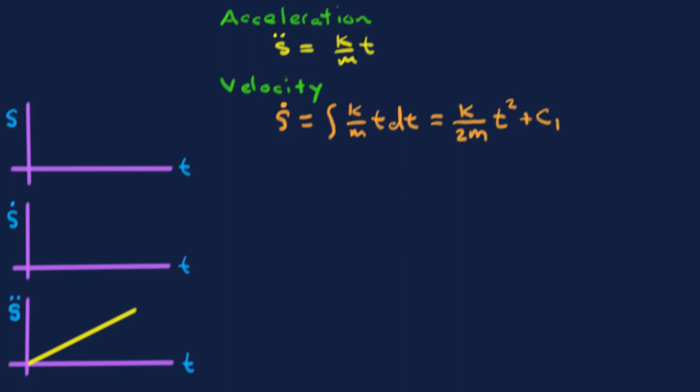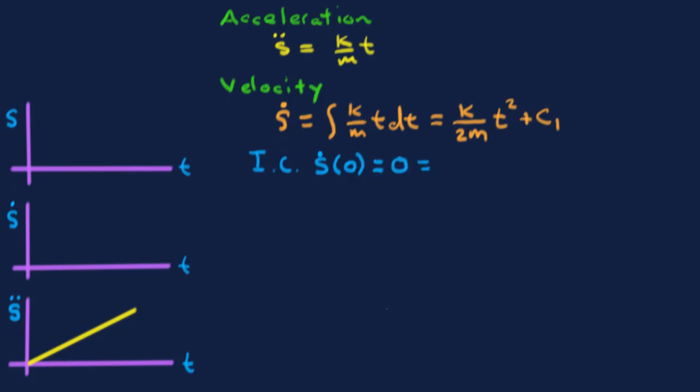I'll call it c1. Now to determine the c1, the constant of integration, we apply the initial condition. The relevant initial condition for this problem is what's the skater doing at time equals 0, right? At time equals 0, the rope is just starting to pull. At time equals 0, she's still stationary. So therefore, s dot at time 0 should be 0.